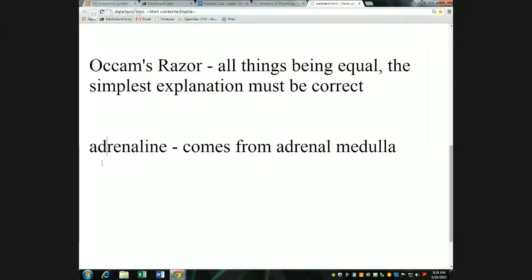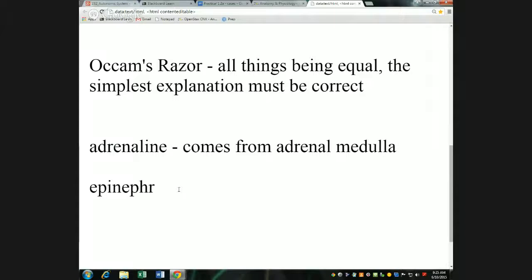Okay. So I told you a second ago that ad means on top of. In Greek, epi means the same thing. Okay. And then rene, or renal, refers to the kidneys. In Greek, nepher is the same root. Okay. A nephrologist is somebody who studies the kidneys. Okay.